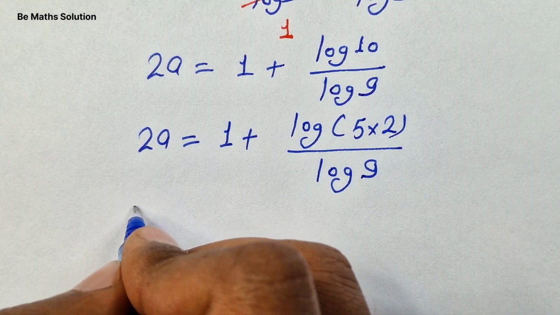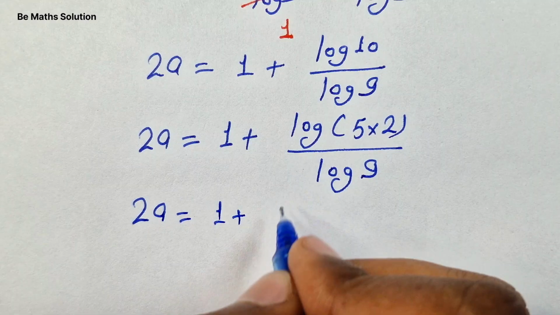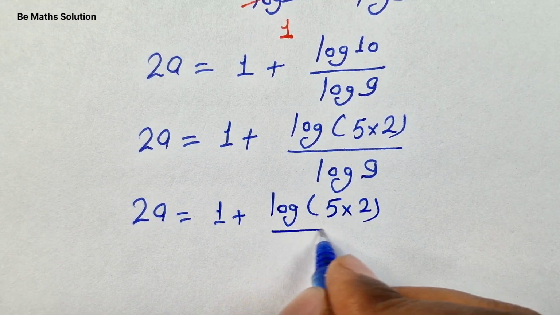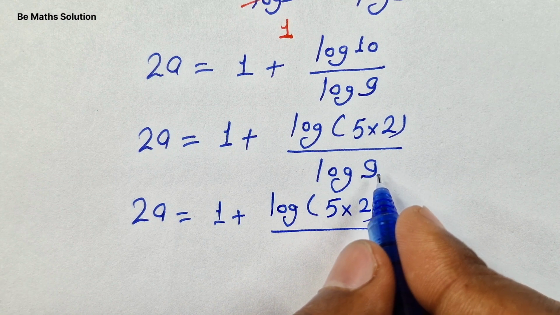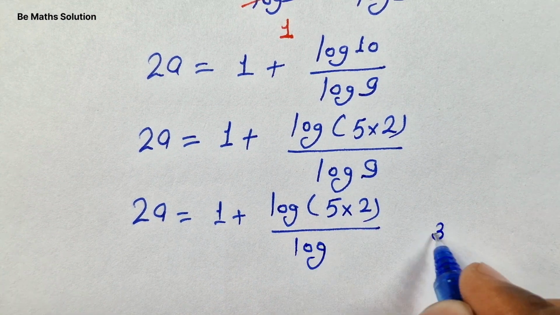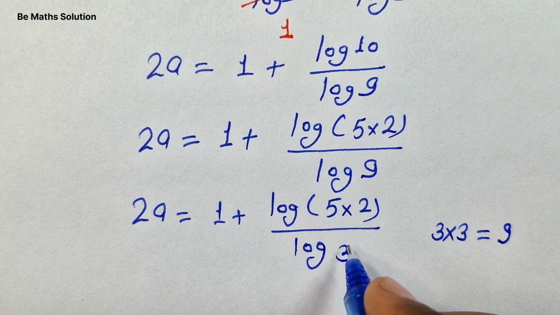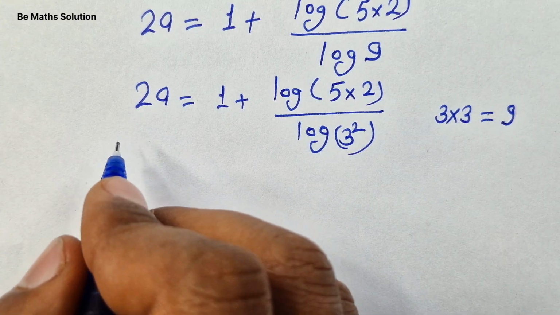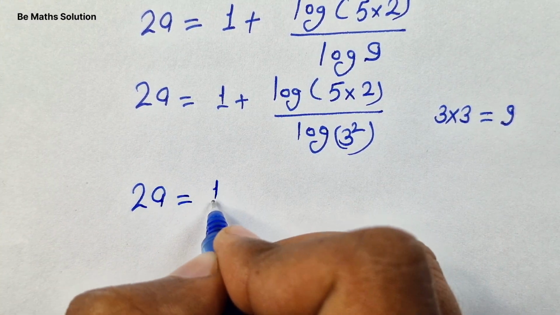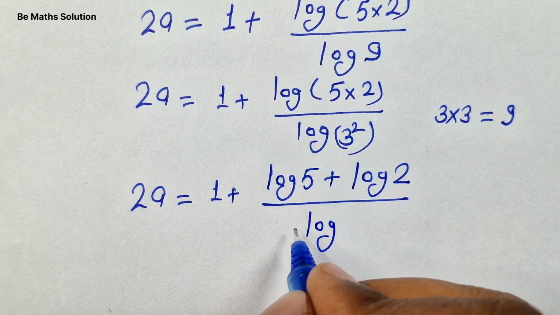And 9 is not a prime number either: it is 3 times 3, which is 3 squared. Then in the next step, 2a is equal to 1 plus log of 5 times 2 over 2 log of 3.